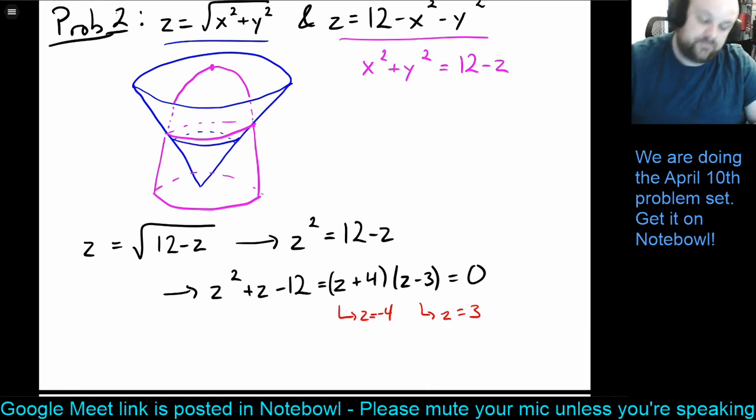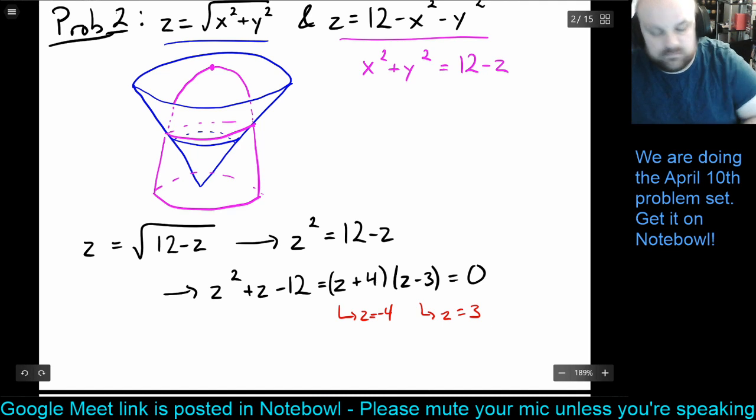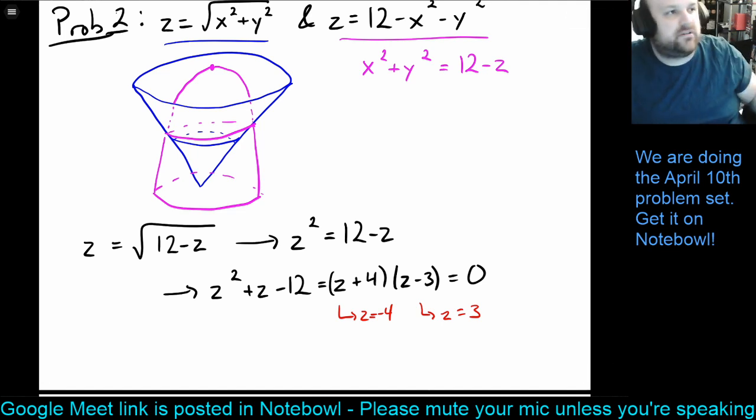So how do we know which one to use here? Any suggestions for how we might know which one to use? I'll give you a second to think about it.